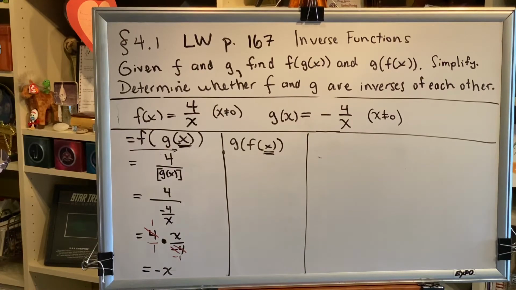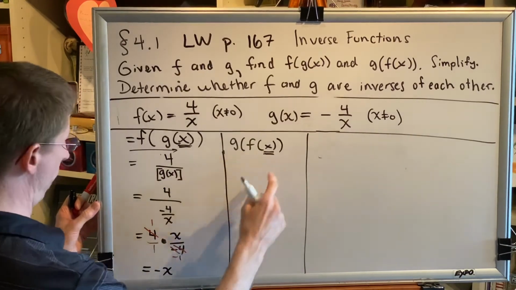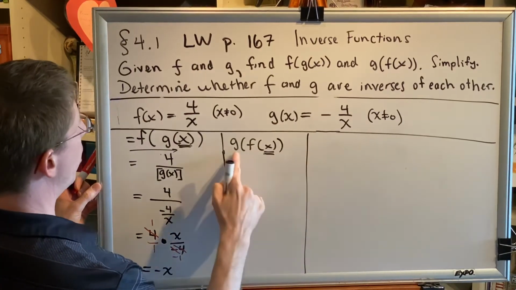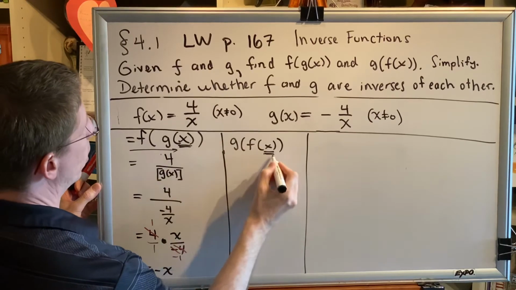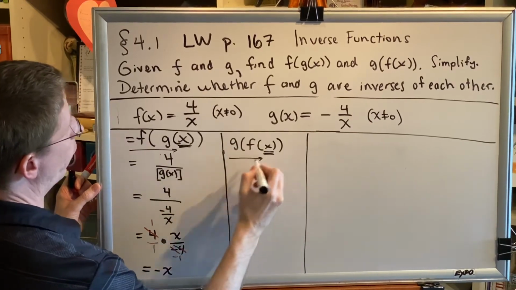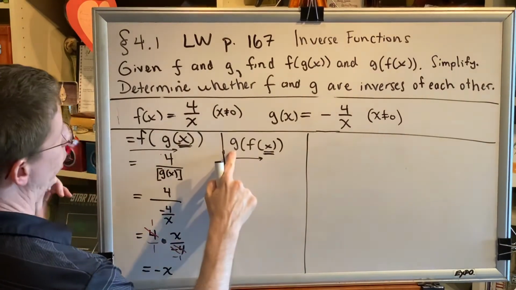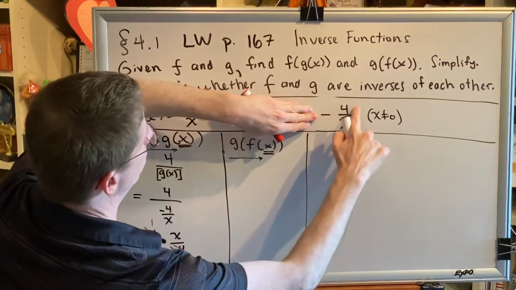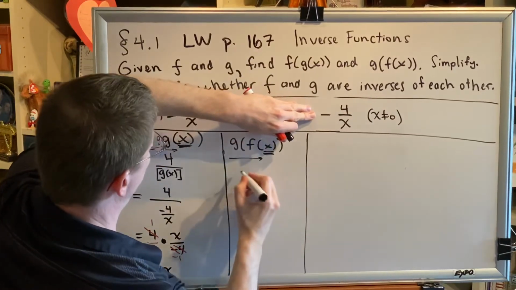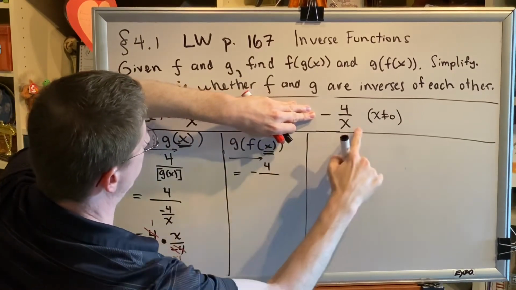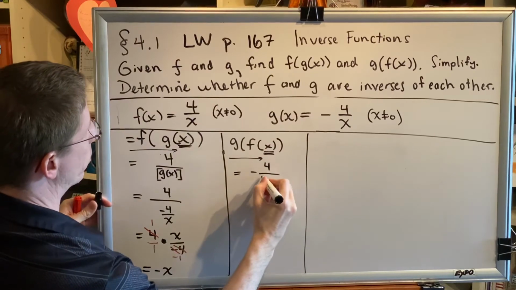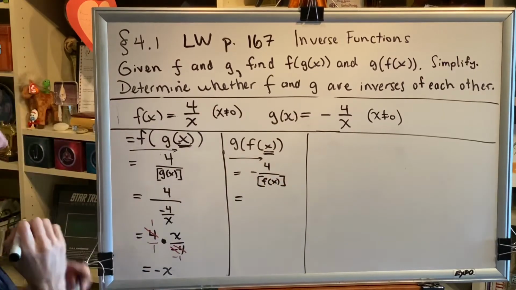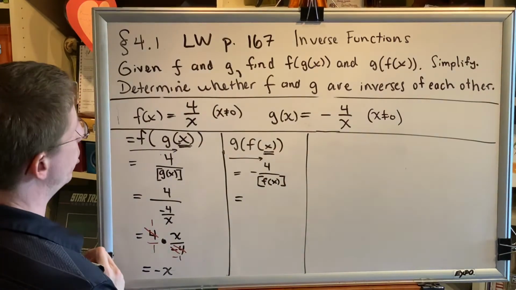Okay, let's do the same thing with our next function, g of f of x. So, g of f of x. Our input is a variable, so we work from the outside in, which means we're going to look at the g function, specifically the right side of the g function. We're going to use that, but everywhere we see an x, instead we're going to put f of x. Okay, so now we're going to substitute and simplify.